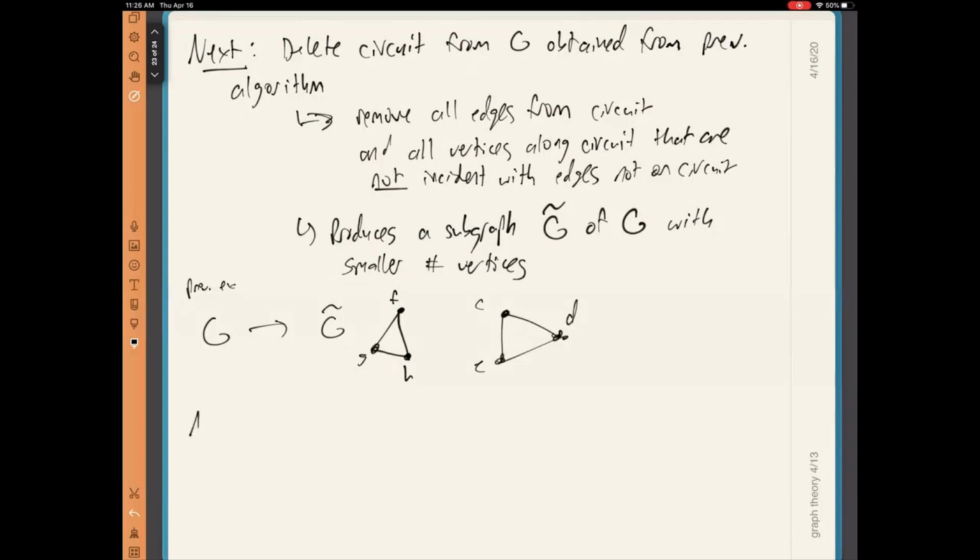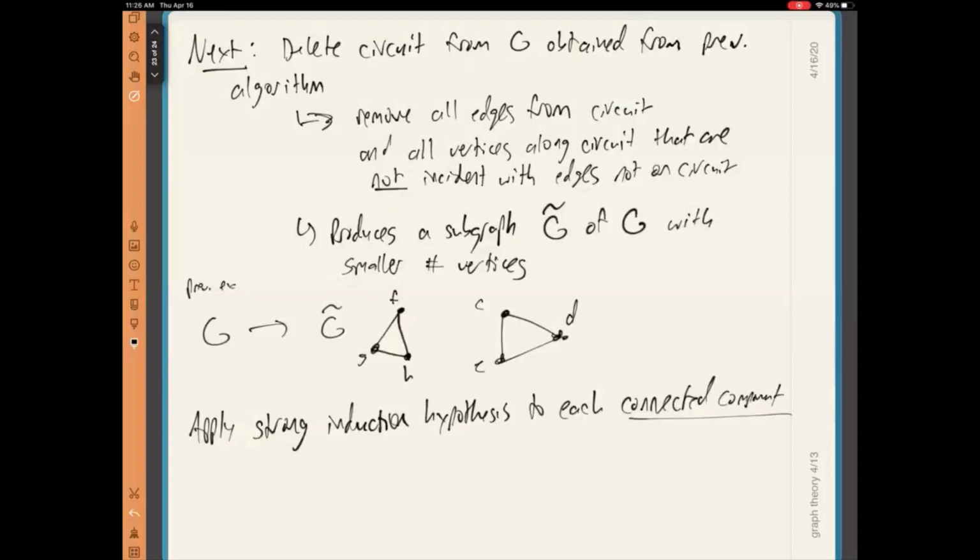And so now what we'll do is apply the strong induction hypothesis to each connected component of this new graph G tilde, right? For example, in our picture, there are two different connected components, which gives us an Euler circuit in each piece.